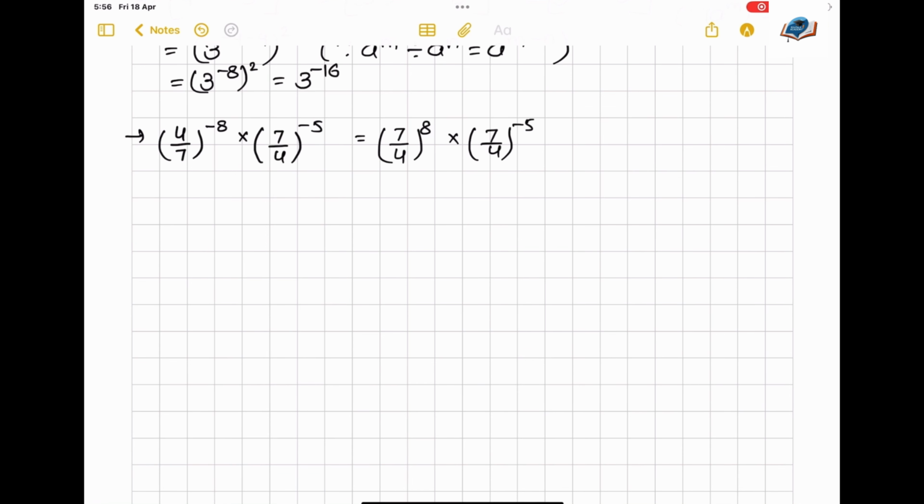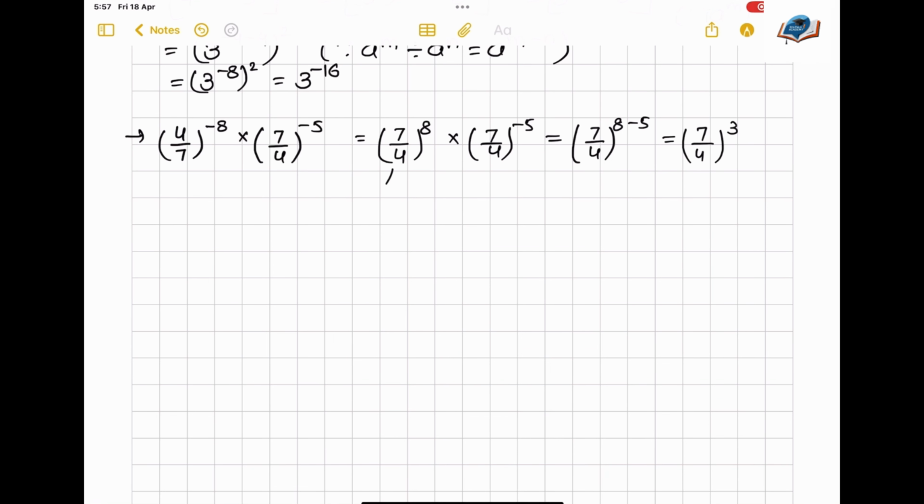Now if you see, the bases are same. So can I directly write it as 7 upon 4 whole raised to 8 minus 5? So this will be 7 upon 4 whole cube. See, which identities did I use?